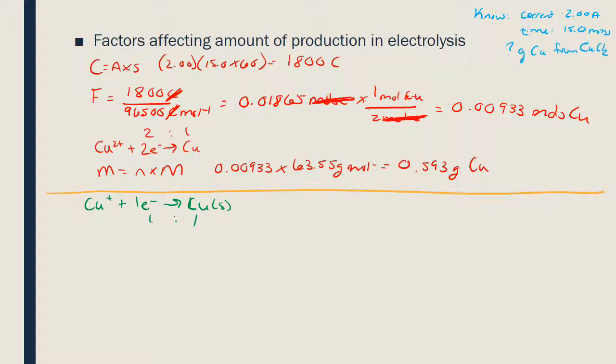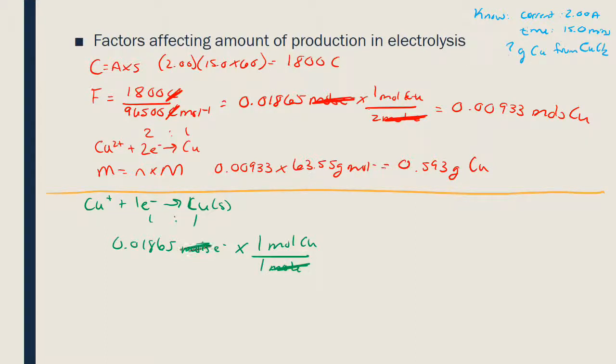All right? Everything up through Faraday's constant is the same, but the ratio is different. So that means we have 0.01865 moles of electrons. And that means for 1 mole of copper, we have 1 mole of electrons being discharged.